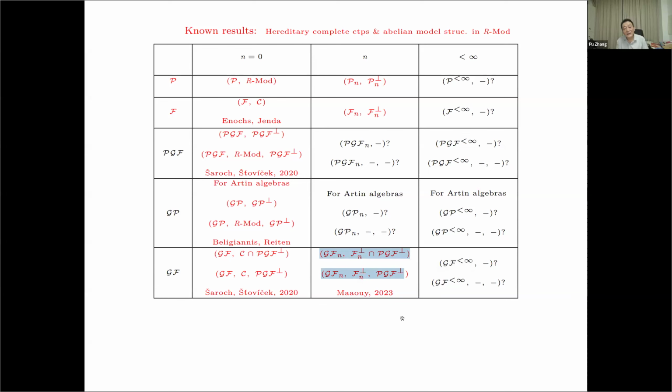When we collect all these results in one table, we found all these problems are empty. So then we naturally ask, what is the situation here? And we are lucky, we can complete this table as follows.